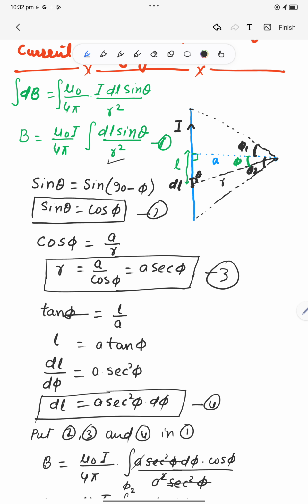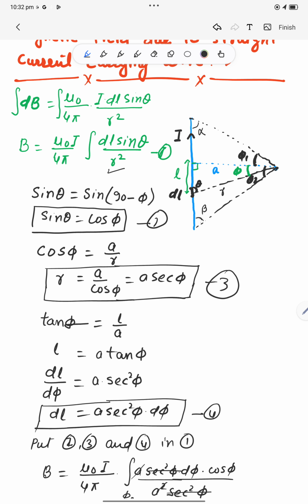Now this equation can also be written in terms of another angle. Let's say this angle is alpha and this angle is beta. We can easily see sine of phi 1 will be equal to sine of 90 minus alpha, that can be written as cos alpha, and similarly sine of phi 2 will be equal to cos beta.